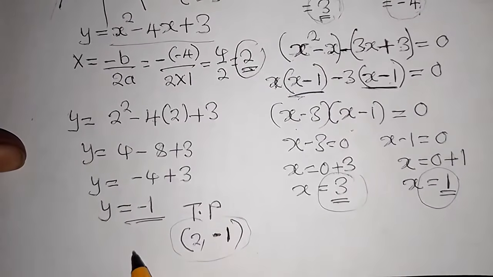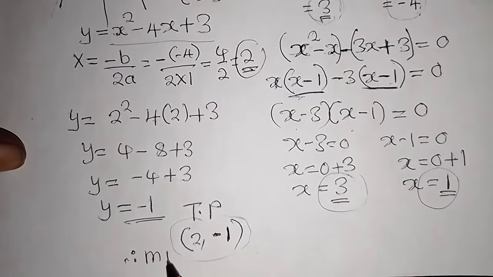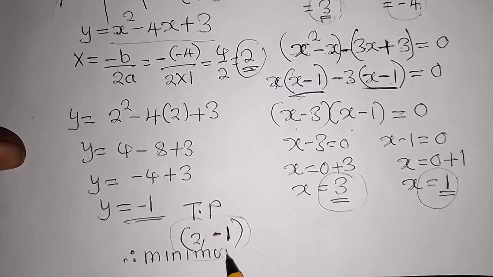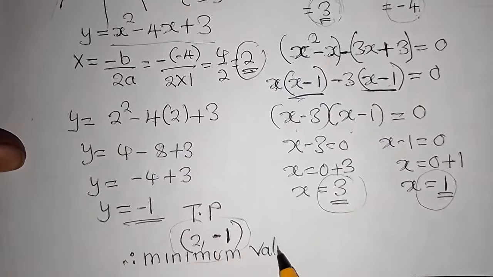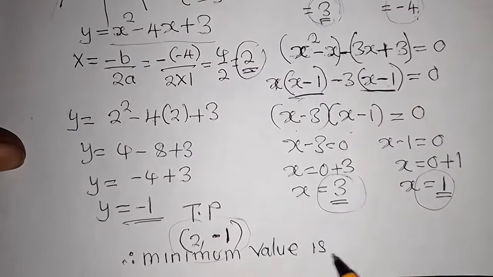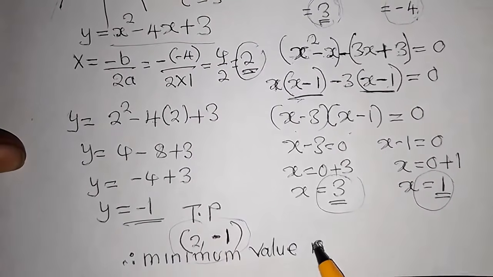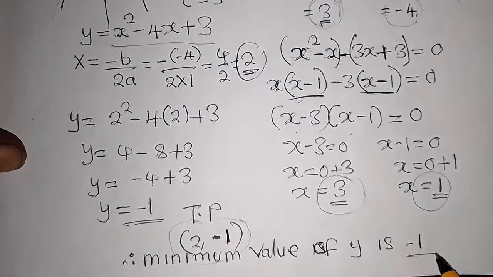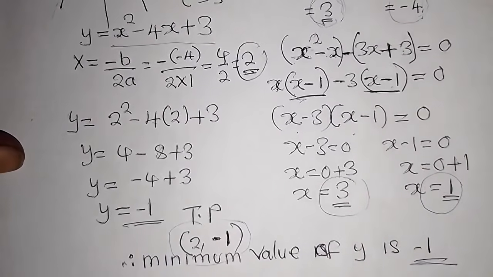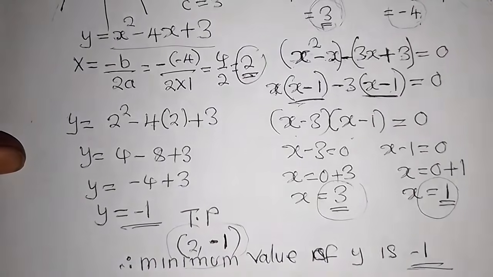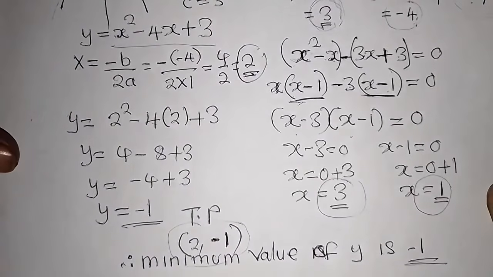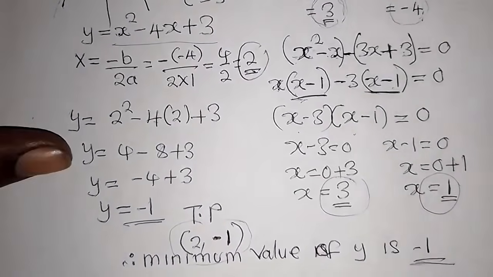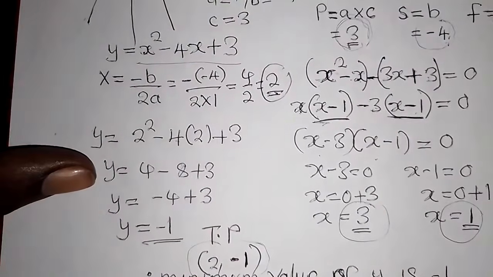Y. So just say therefore minimum value is what? Minimum value of y is what? Is negative 1. So these are your answers. This is how you need to answer this one. Have you seen the way I've answered it? This is how you need to answer it.